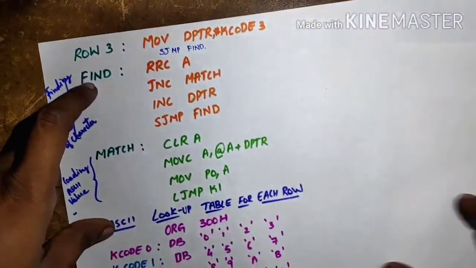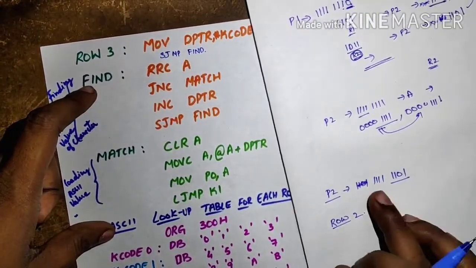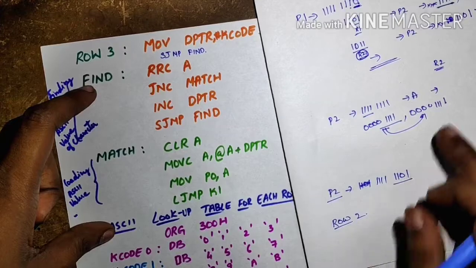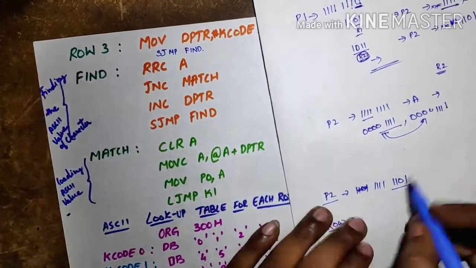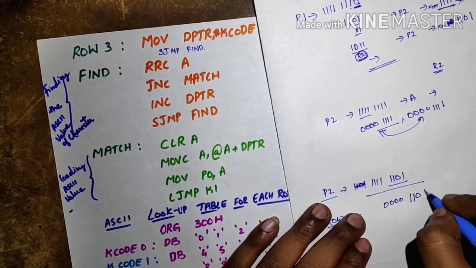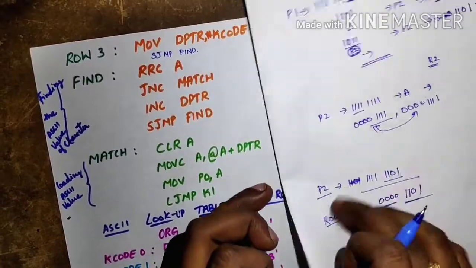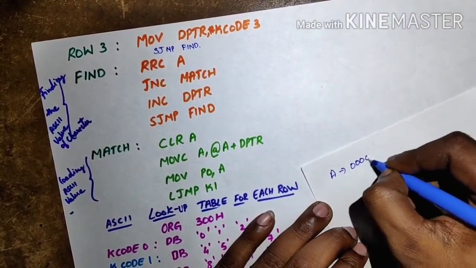So what is the value of the accumulator? The value of the accumulator will be this one, 0 0 0 0 1 1 0 1, after masking.